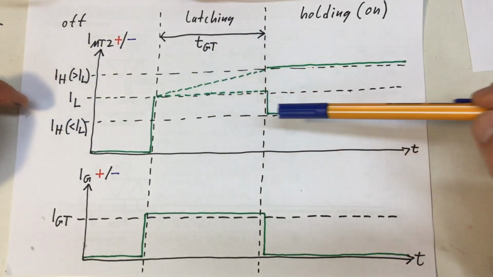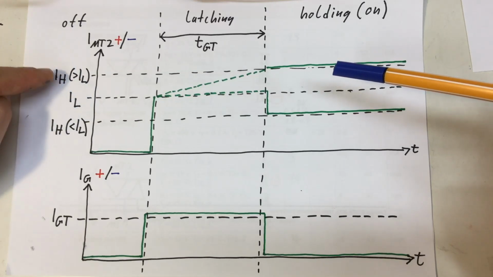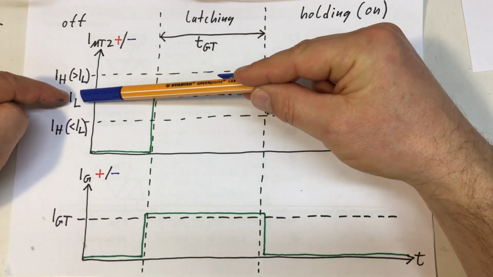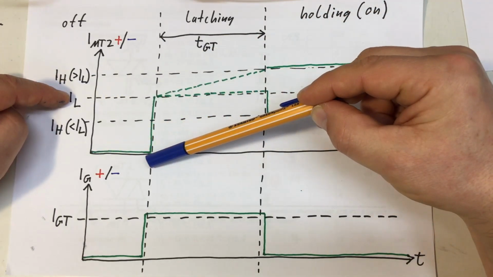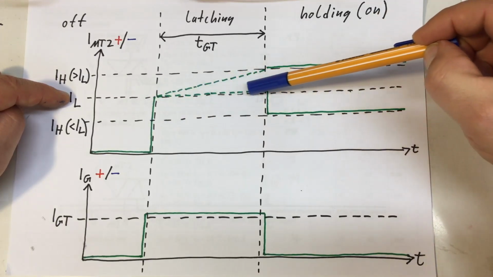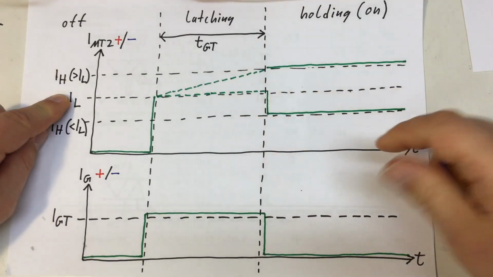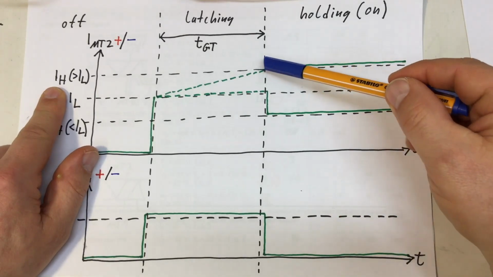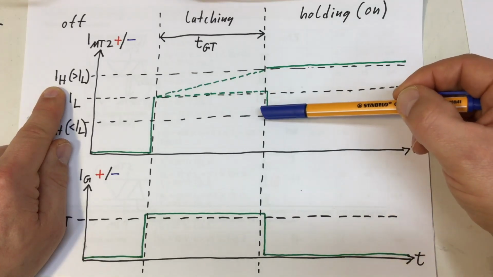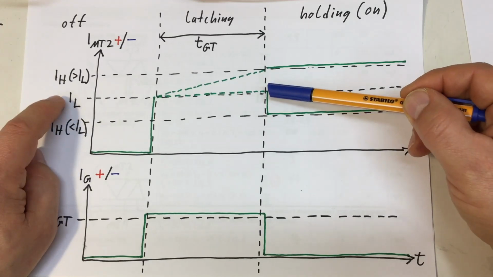Now, for the latching currents, main terminal 2, and the holding currents, we saw there are two cases. So in the datasheet, there's latching current. And of course, we have to apply that latching current during the latching. But then we have two different cases. Our holding current we need to keep afterwards, when we switched off the gate current, can be either higher or lower than our latching current.